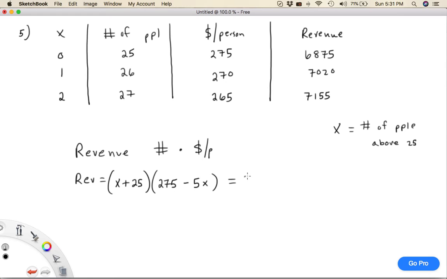So 275x minus 5x squared minus 125x plus 25 times 275, which is 6875.